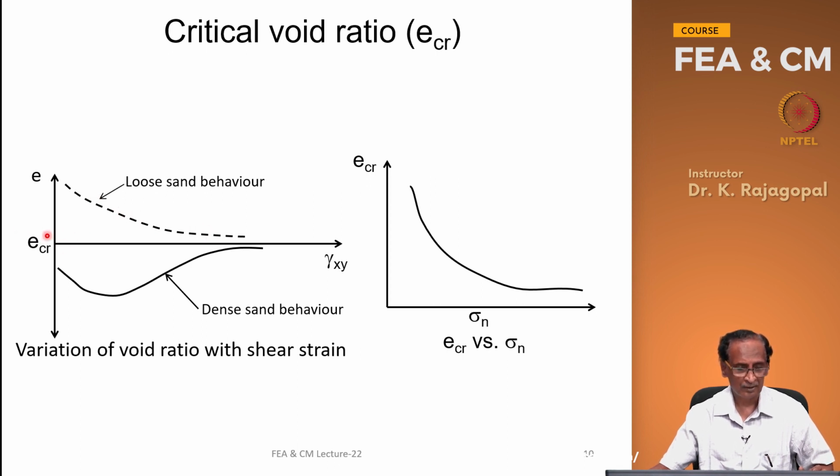When the void ratio reaches a critical value, ECR, then if you perform the same test by placing the soil at a very low void ratio, initially there might be some compression because of rearrangement of particles, then because of dilation the soil will expand, and then at a large shear strain it might also reach the same constant void ratio that we call the critical void ratio.